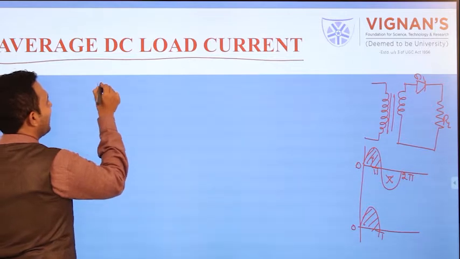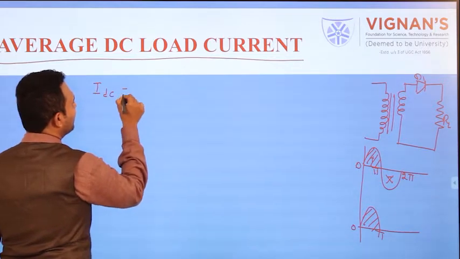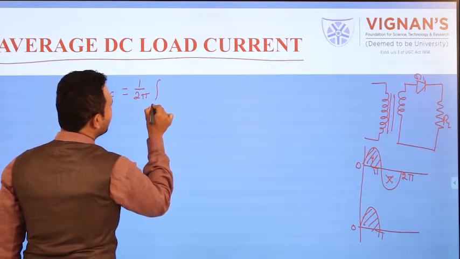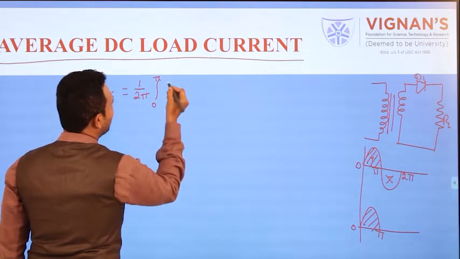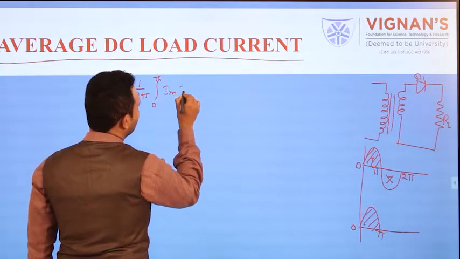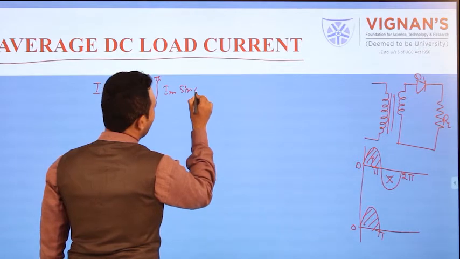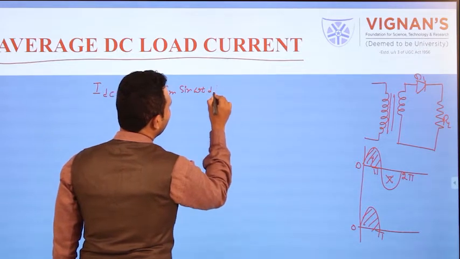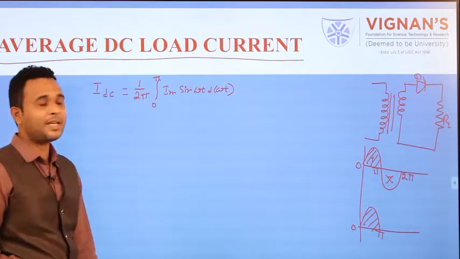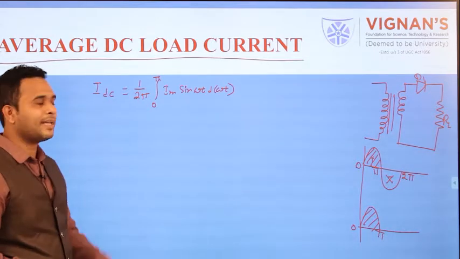What is our IDC? IDC is equal to 1 by 2 pi integral of 0 to pi Im sin omega t d of omega t. This is the expression for the IDC. What is Im?